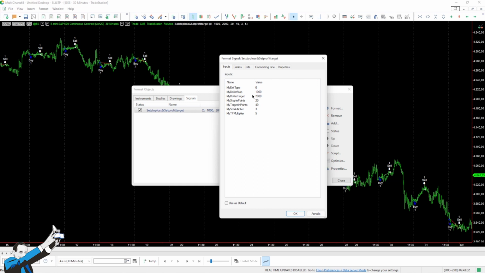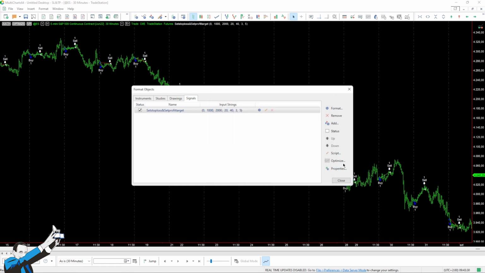So my dollar stop will be equal to my stop in points, which are these two inputs. Likewise, my dollar target, which is equal to $2,000, is nothing but 40 points, because the big point value on this market is precisely equal to $50. So at this point, I've also used 3 and 5 as multipliers for the average true range, so that we have initial parameters that we can optimize with.